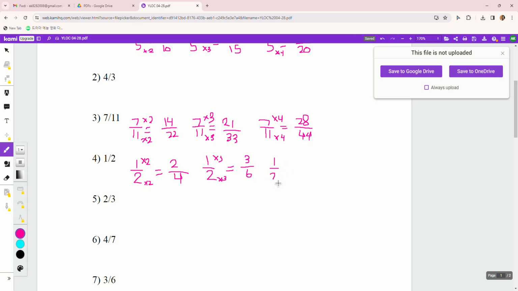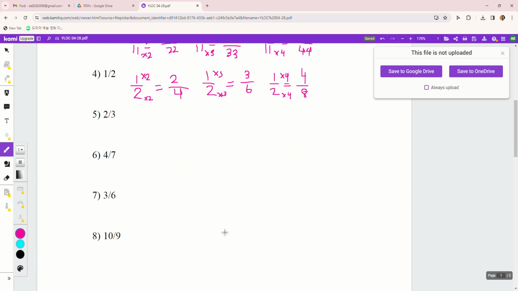And you can also do times 4 to each side, which gives you 4/8. These 3 are all equivalent to 1/2.